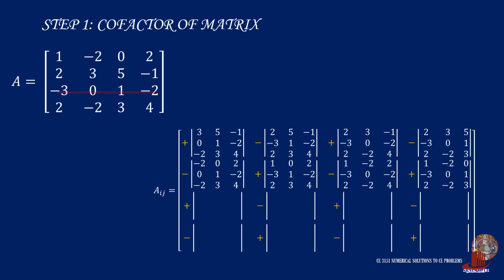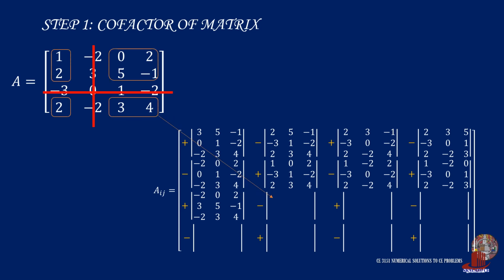So move to the third row. The minors for the first element A31 are -2, 0, 2, 3, 5, -1, -2, 3, and 4. The third row and column 2 covered would leave elements 1, 0, 2, 2, 5, -1, 2, 3, and 4.